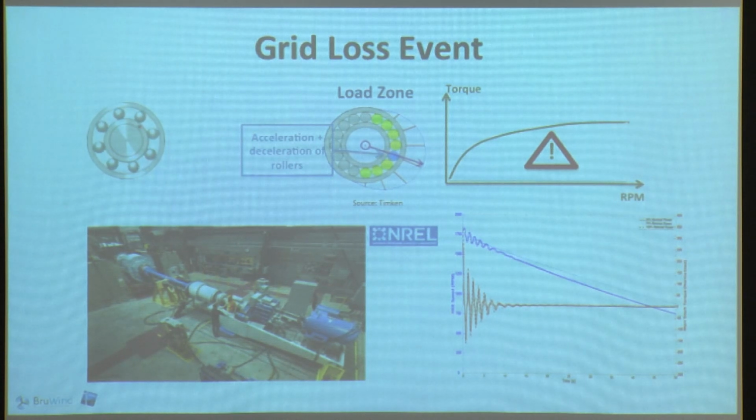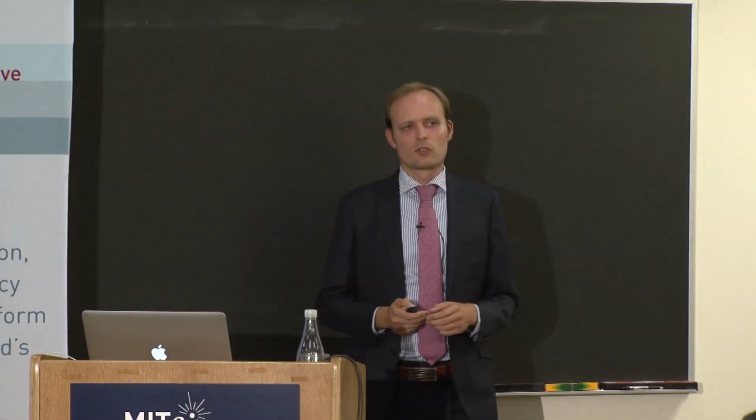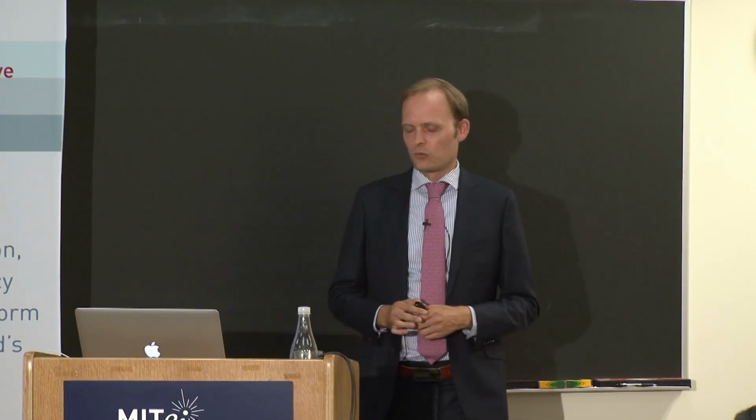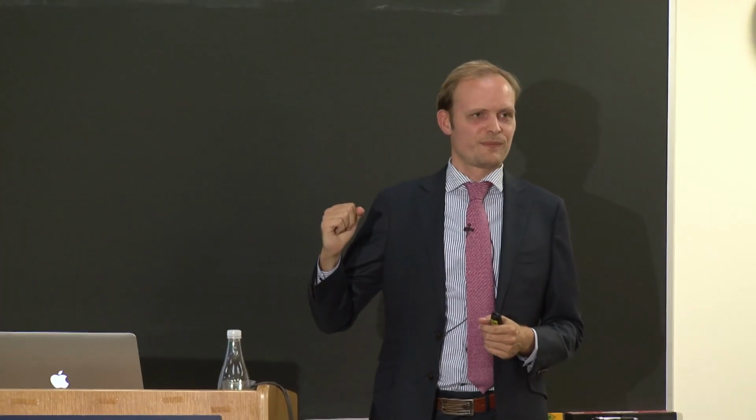So what we wanted to know was, can we introduce this mechanical degradation using an electric excitation? And this comes back to the events that were also mentioned by Aaron in the framework of the GRC. The event we chose is a grid loss. So you can imagine the turbine is spinning, and I just unplug it. So the power goes from full load to nothing.